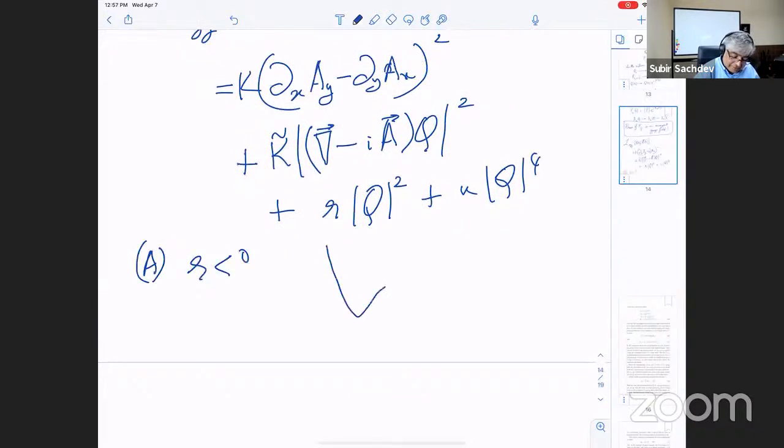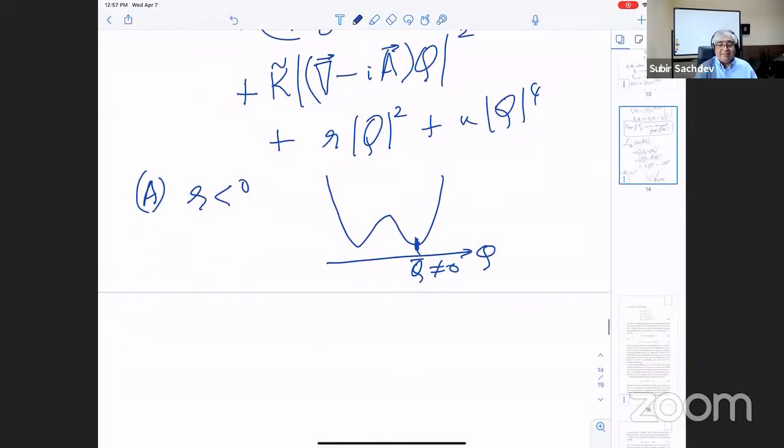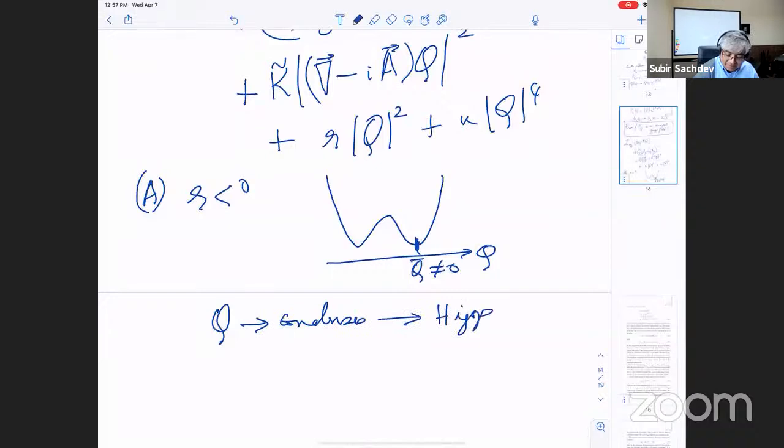Then if I look at the potential for Q, as a function of Q, the energy will be minimized at some Q bar not equal to 0. So this is the phase that we've already met. What happens here is Q condenses. And in the gauge language, you call it the Higgs phase, because you have a charge 1 boson that's condensed. Higgs phase.